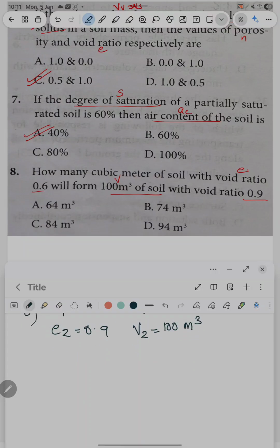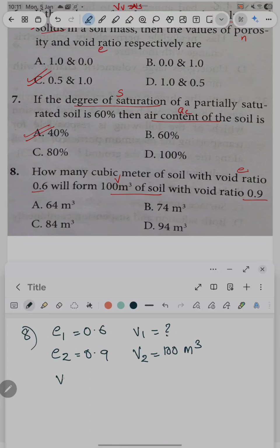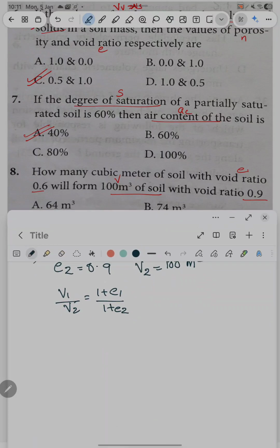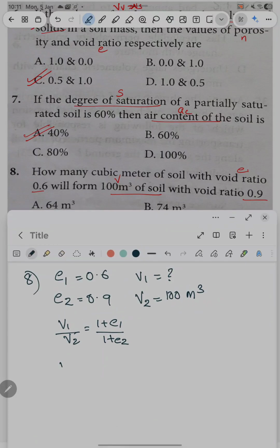We know the equation V1 by V2 is equal to 1 plus E1 by 1 plus E2. Just substitute the values. V1 by 100 is equal to 1 plus 0.6 by 1 plus 0.9.